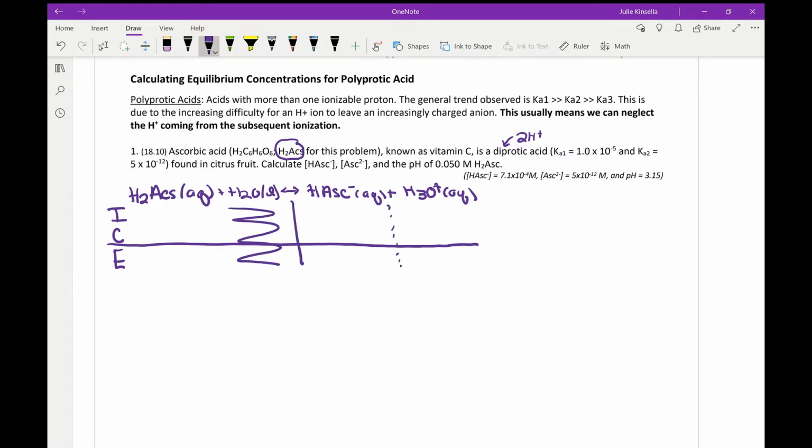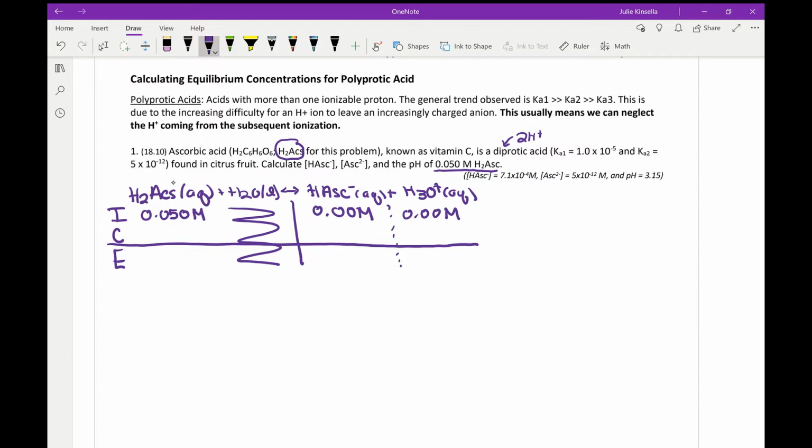Okay, we're given the initial concentration of our weak acid as 0.050 M. There's no initial anion concentration, and hydronium, as we talked about multiple times yesterday, we can start off at 0 because we can ignore the hydronium that's present from the autoionization of water.